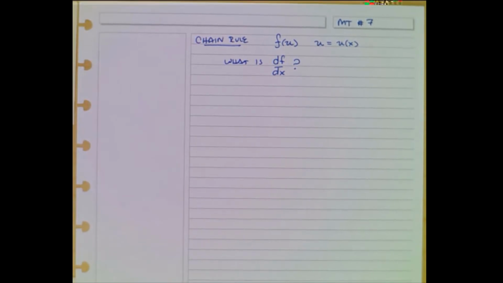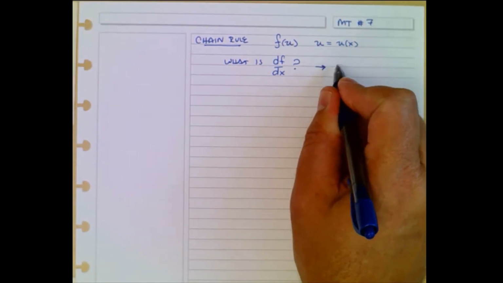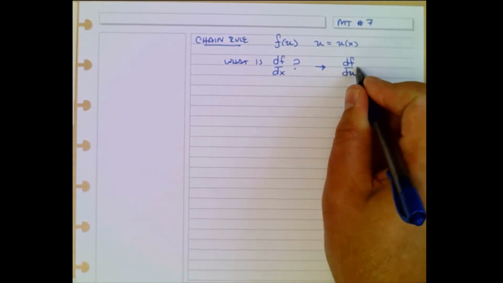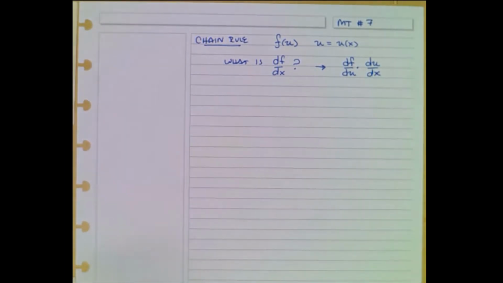We don't have f explicitly as a function of x. We have it implicitly as such. And the answer is that it is the derivative of f with respect to u times the derivative of u with respect to x.